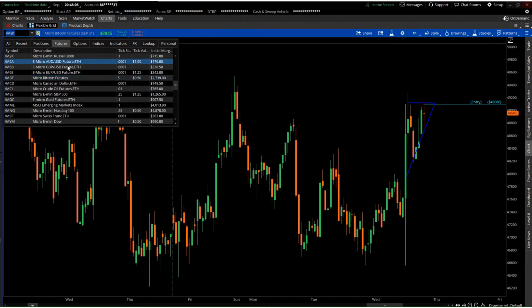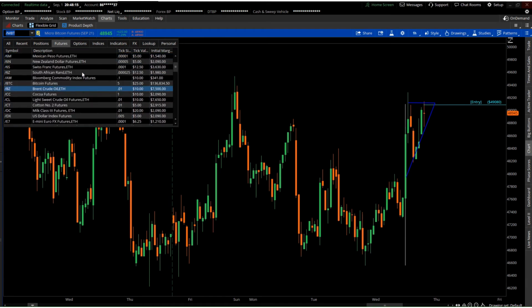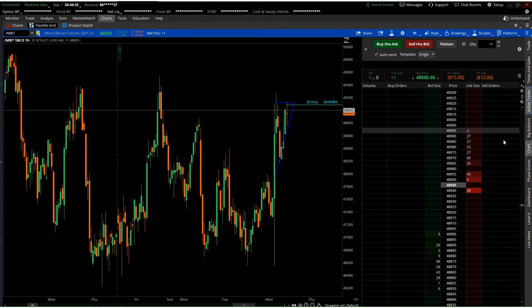So here's the menu for all the futures contracts that are available on Thinkorswim. Right now I'm trading MBT. This is the micro Bitcoin futures, where each level is a difference of 5 points.